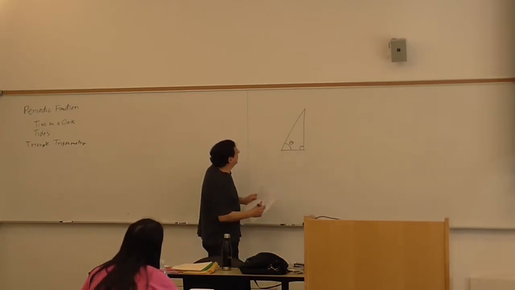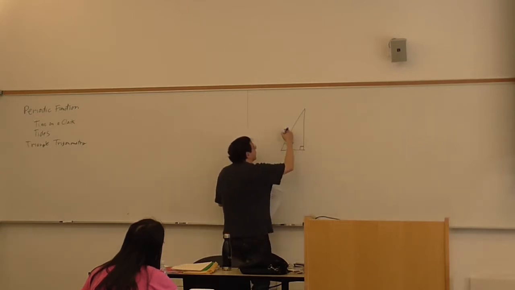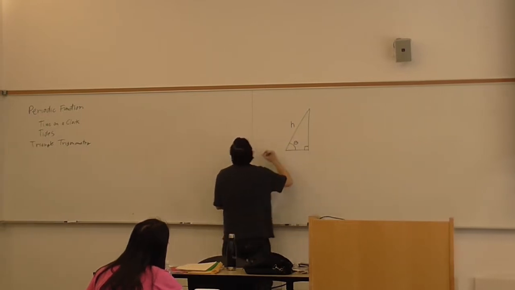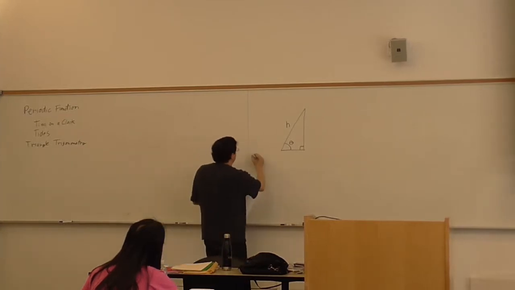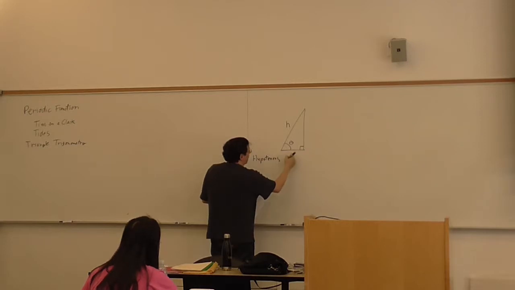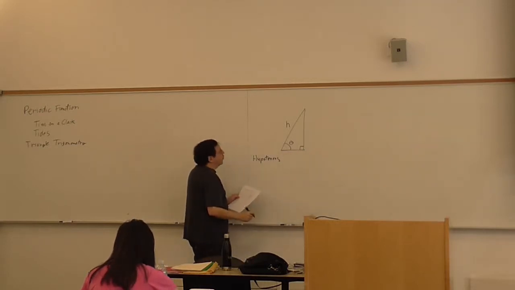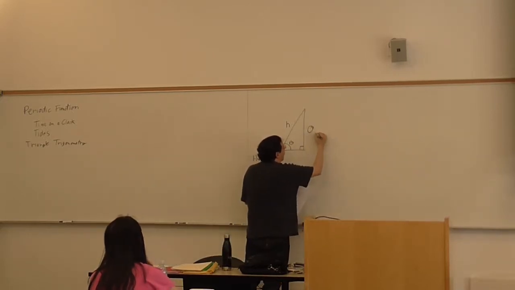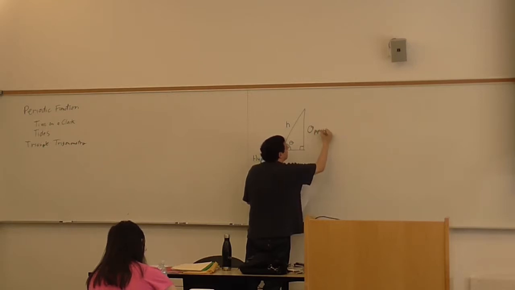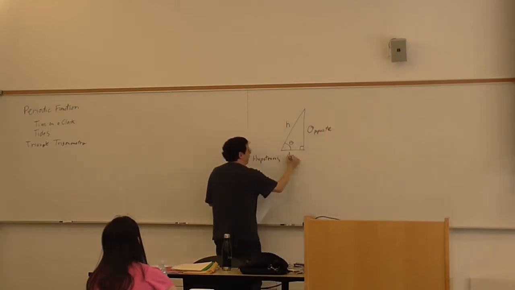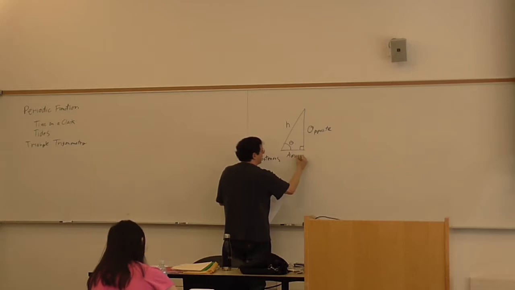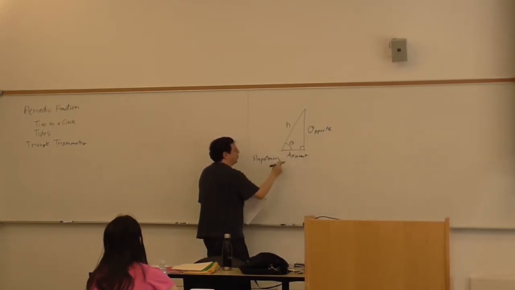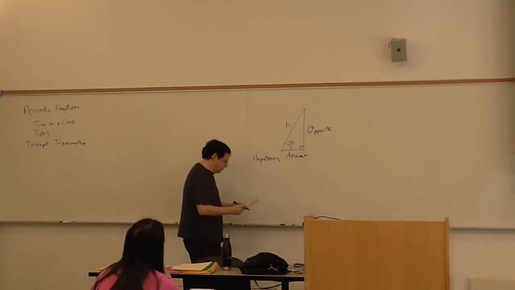And a right triangle has a hypotenuse, we'll call it H. And it has two legs, which we're going to give special names relative to the angle we're interested in. There's the O, opposite, and the A, adjacent to the angle.